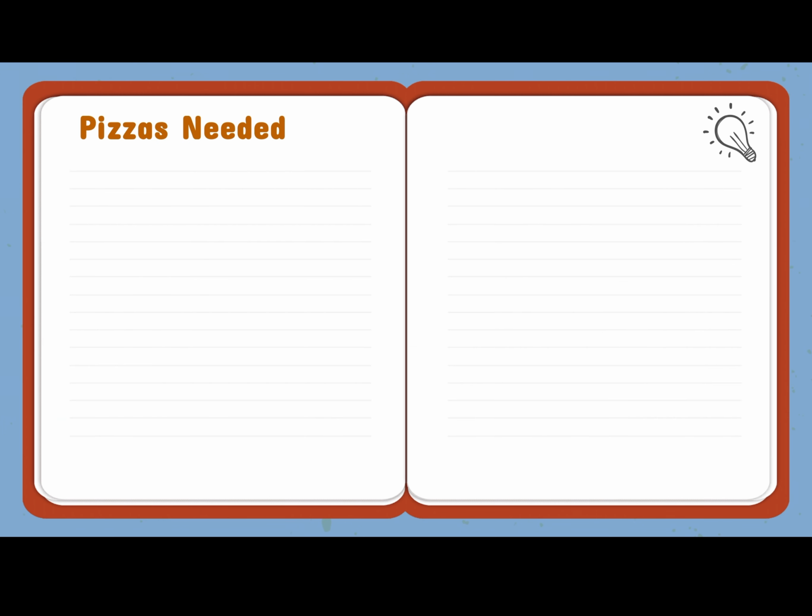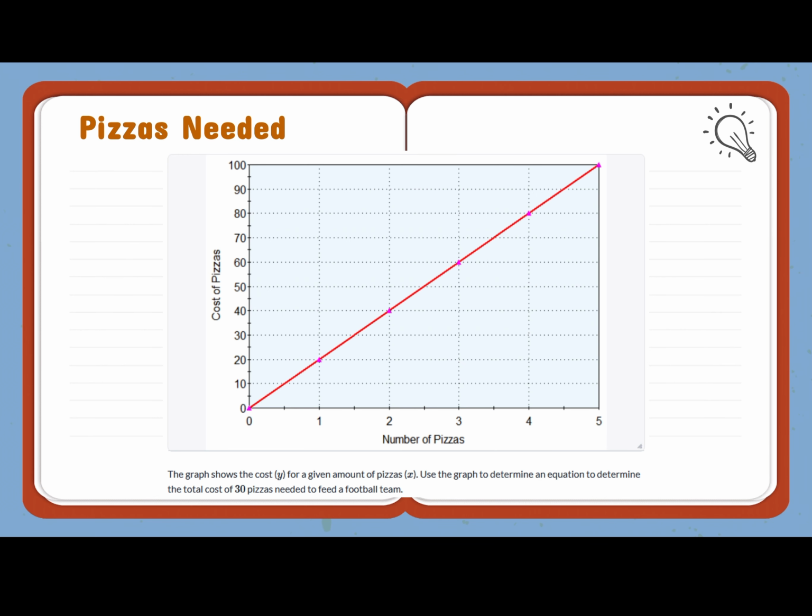Okay, last question here. We have number of pizzas. The graph shows us the cost for a given amount of pizzas. Use the graph to determine an equation to determine the total cost of 30 pizzas needed to feed a football team. So this one is fill in the blank, not multiple choice.